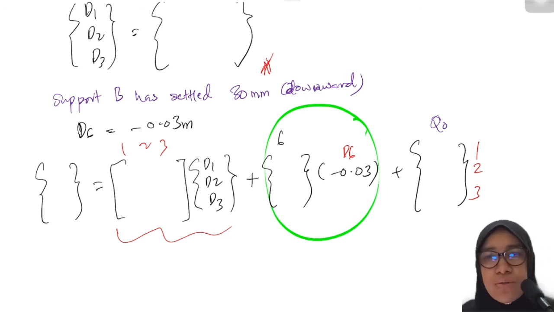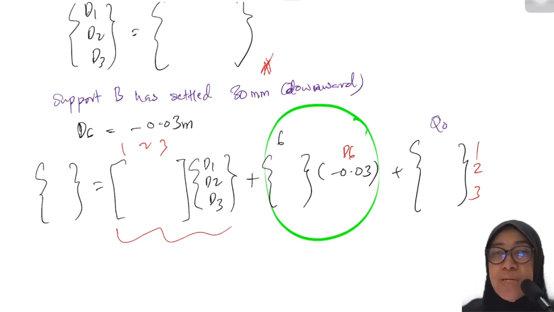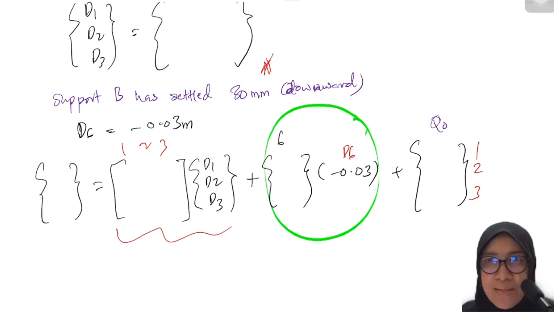Same goes to line number 2: 2,1, 2,2, 2,3, and then 2,6. 2,4 has a value, but times D4, 0. 2,5 times D5, 0. And 2,6 times D6. 2,7 times 0, 2,8 times 0. So that is the principle of matrix multiplication.